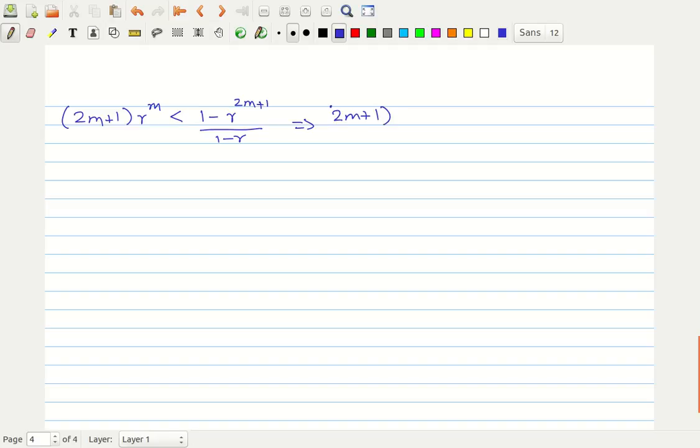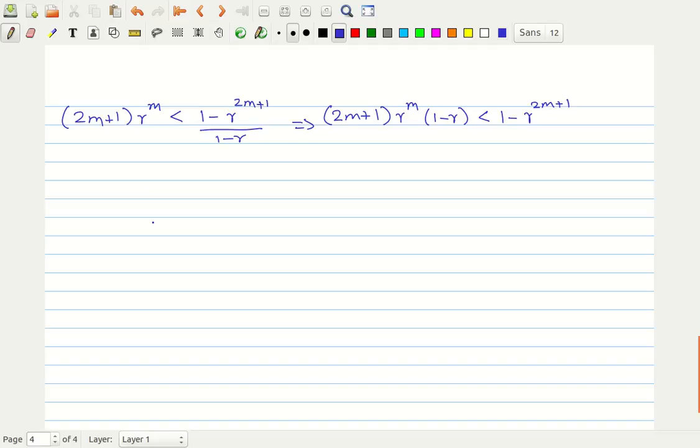We can say that (2m plus 1) r to the power m times (1 minus r) is going to be less than or equal to 1 minus r to the power 2m plus 1. So this is the first part of the question.